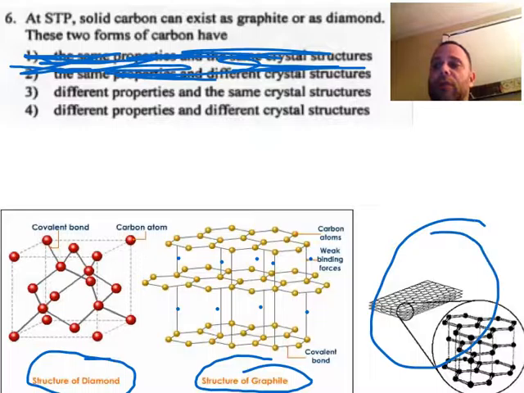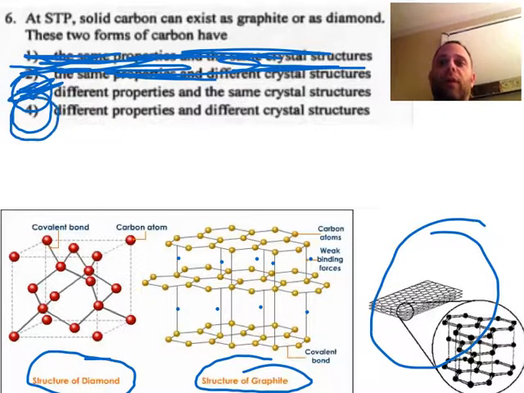Here's another picture that is showing these sheets, which allows some electron movement. That would be nice to know for the unit exam. Wink, wink. The answer for 6 is 3. Whoops, sorry. 4. Different properties and different crystalline structures.